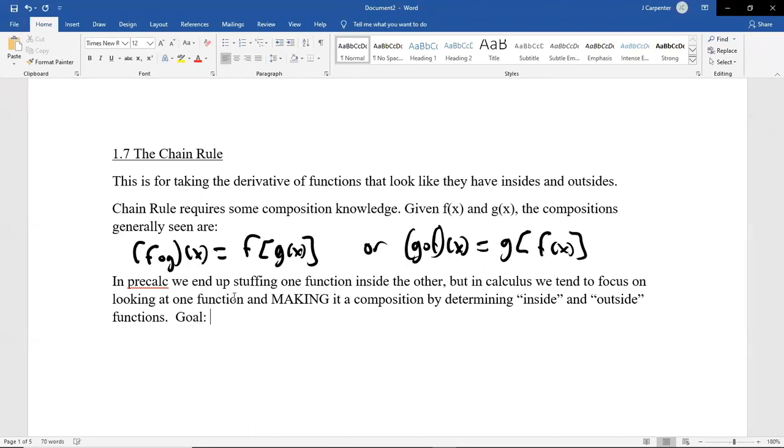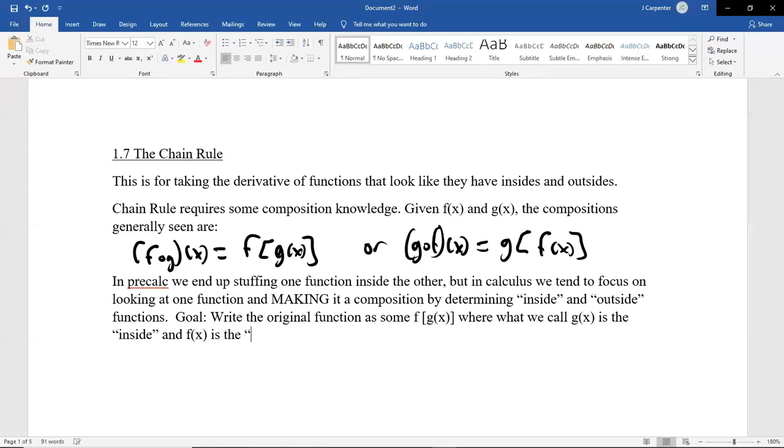So our goal is to write the original function as some f bracket g parentheses of x, where what we call g of x is the inside and f of x the outside.